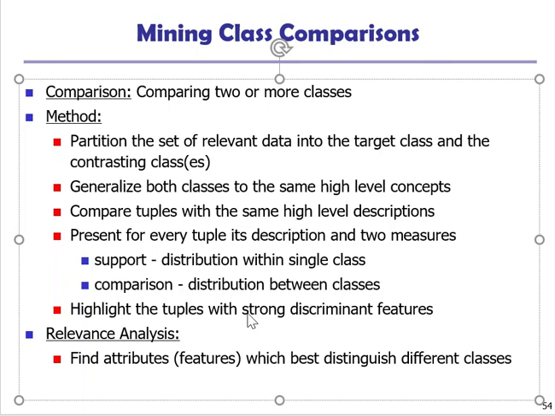For example, if the data shows that the percentages of the fair GPAs and the excellent GPAs between undergraduate and graduate students are very different, we can highlight those tuples, the fair and the excellent tuples within the undergraduate and graduate generalized tables.